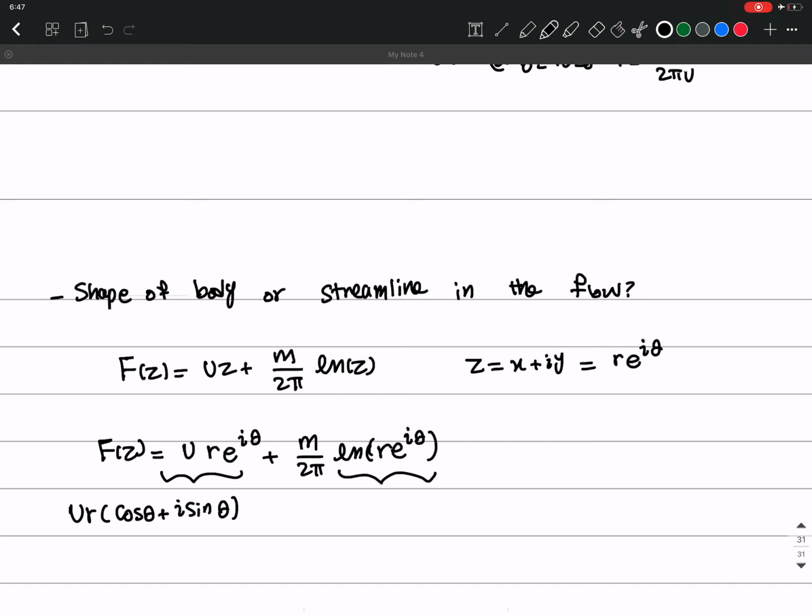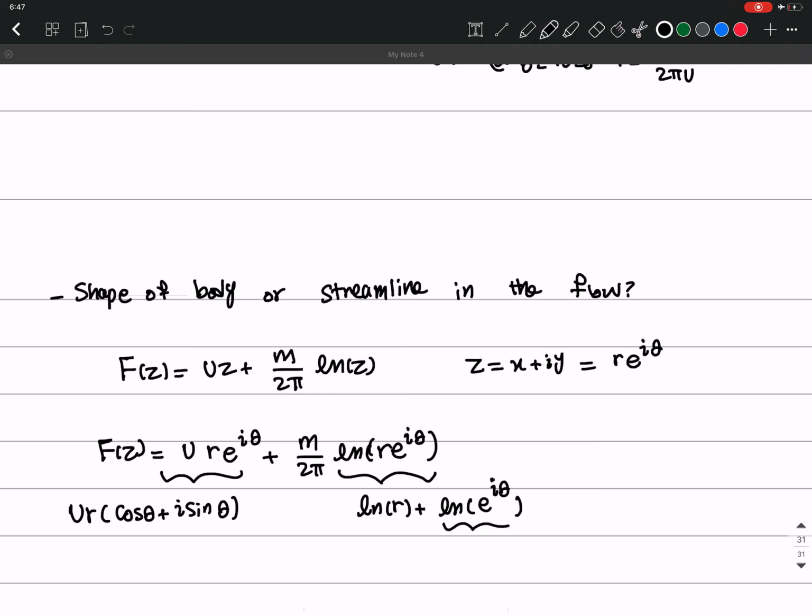I can just expand this as ln r plus ln of e to the i theta. And ln of e to the i theta is just i theta.